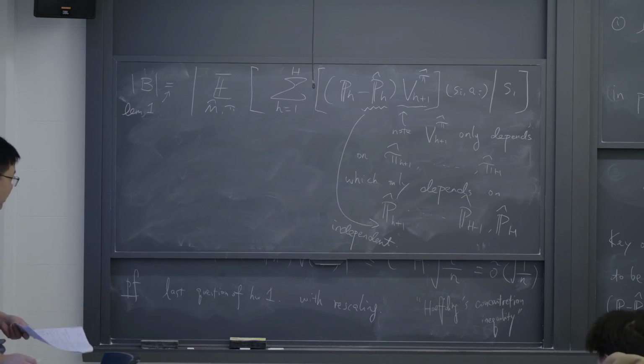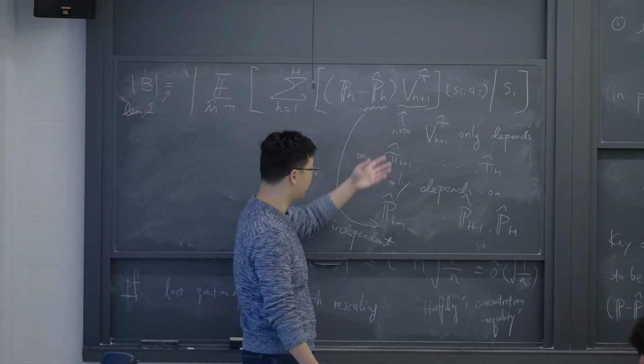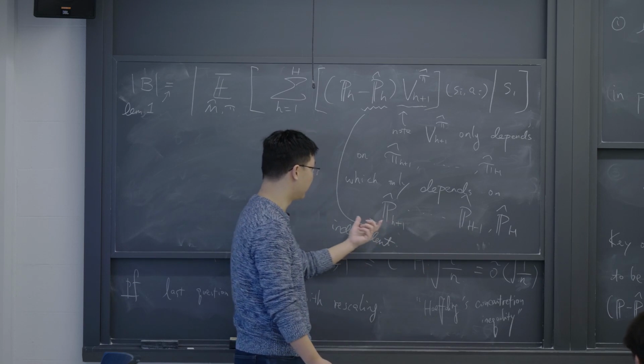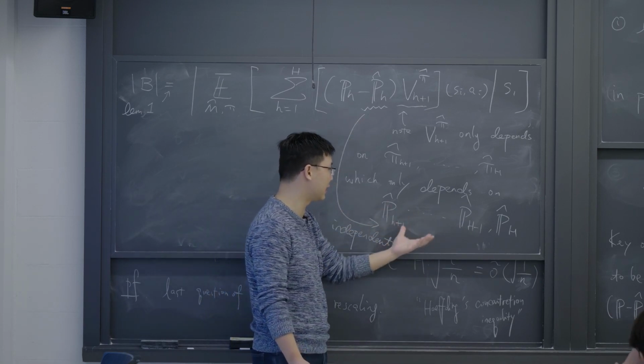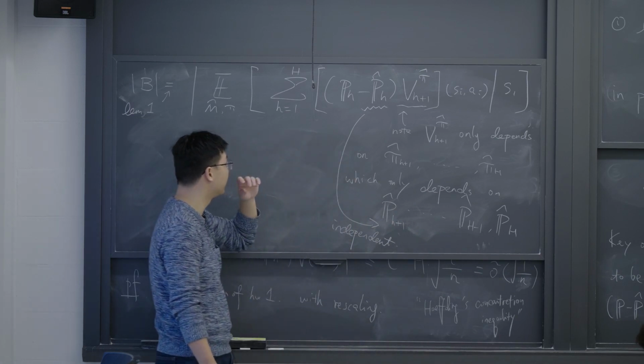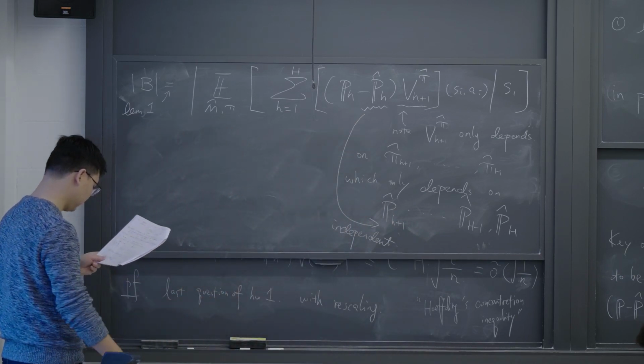So this is actually the very key step: we observe this value only depends on the transitions in the later steps, which is independent of the transition samples you observe at each step.